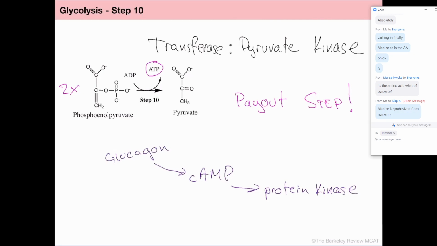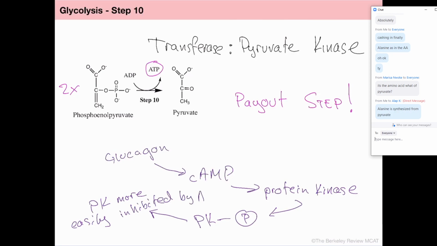And this protein kinase can phosphorylate pyruvate kinase, which makes pyruvate kinase more easily inhibited by ATP and alanine.